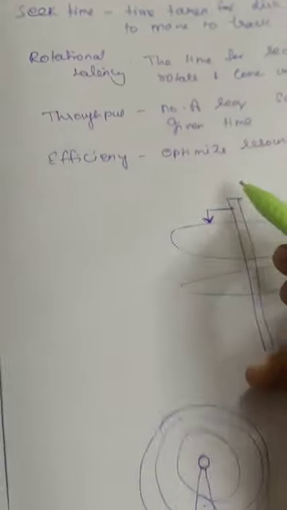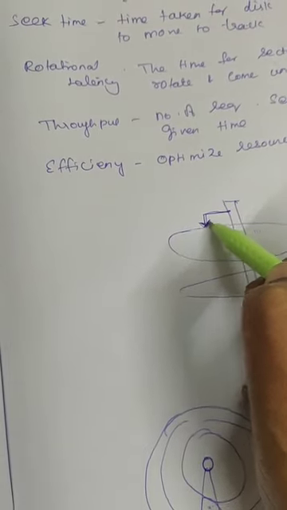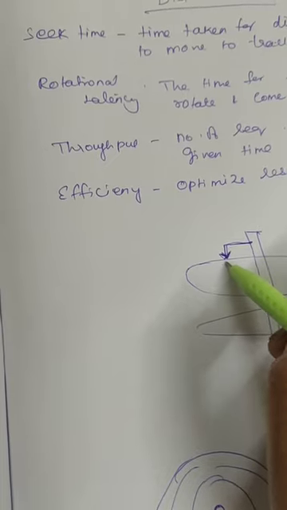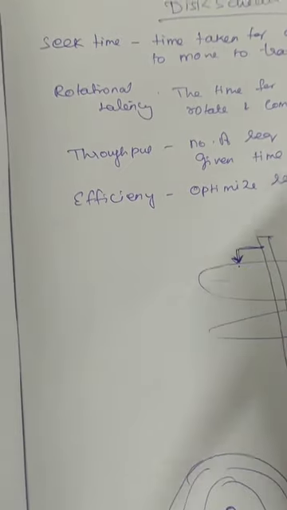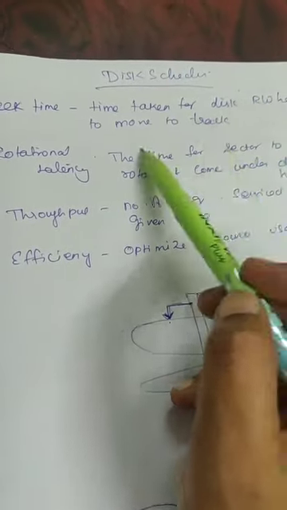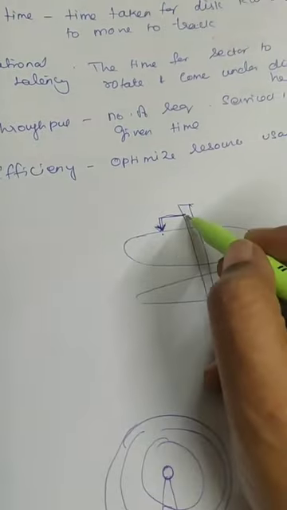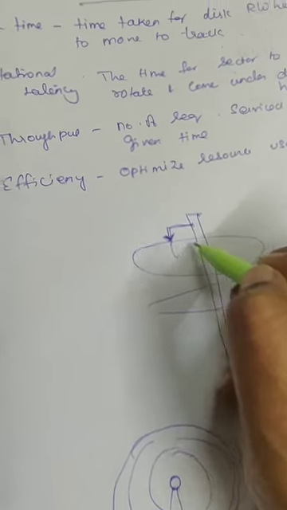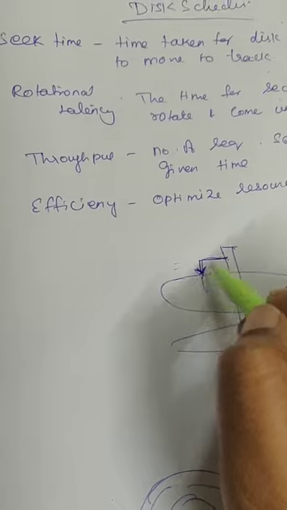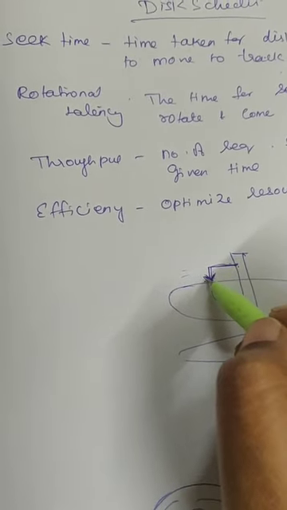Same way, when the read head touches here, the data on that particular sector will be read. So the seek time is the time taken for the disk read write head to move to the track. The read write head will go front and back, and make itself comfortable to read the data.